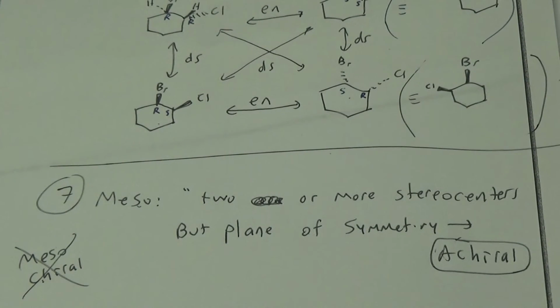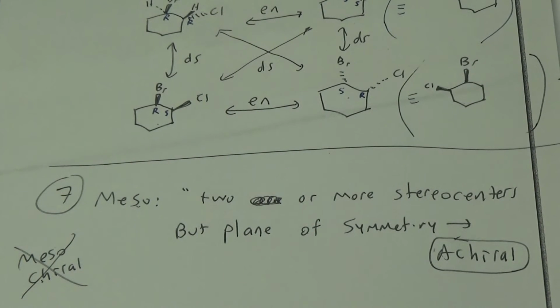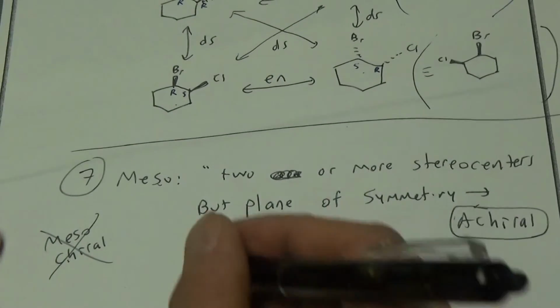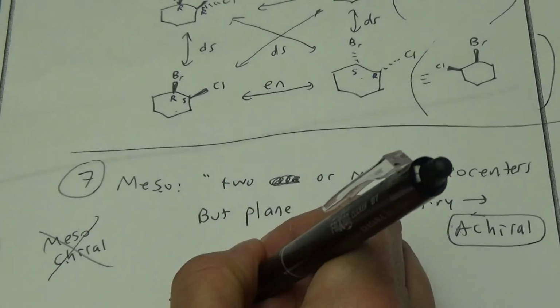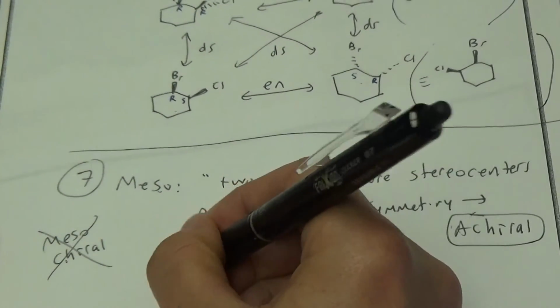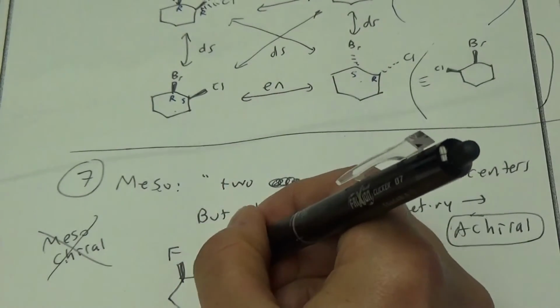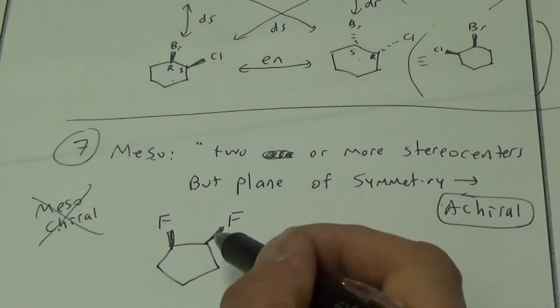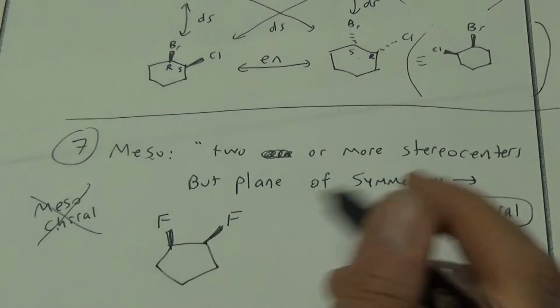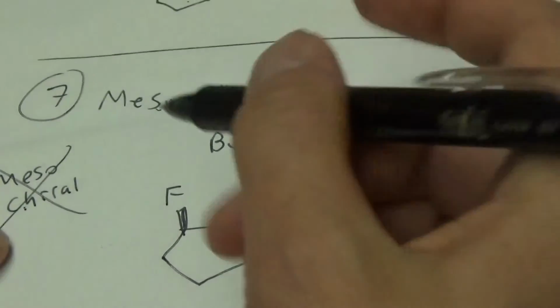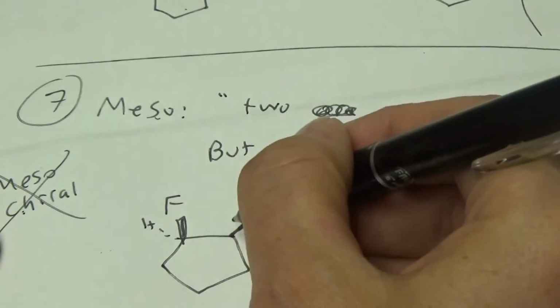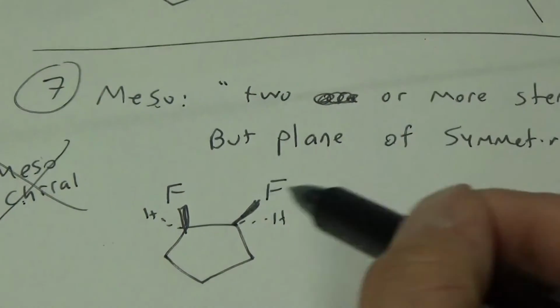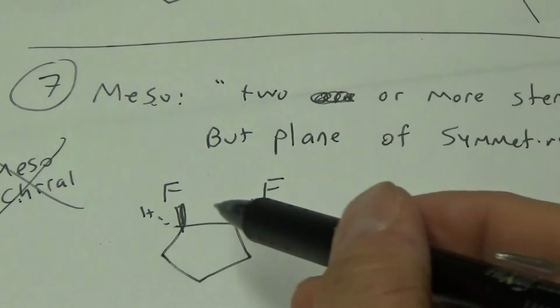All right. Let's just show a really quickie, simple example of meso. Okay, how many chiral centers? Well, those are 2 chiral centers. The definition of a chiral center is 4 unique substituents. Those are totally chiral centers. 1, 2, 3, 4.